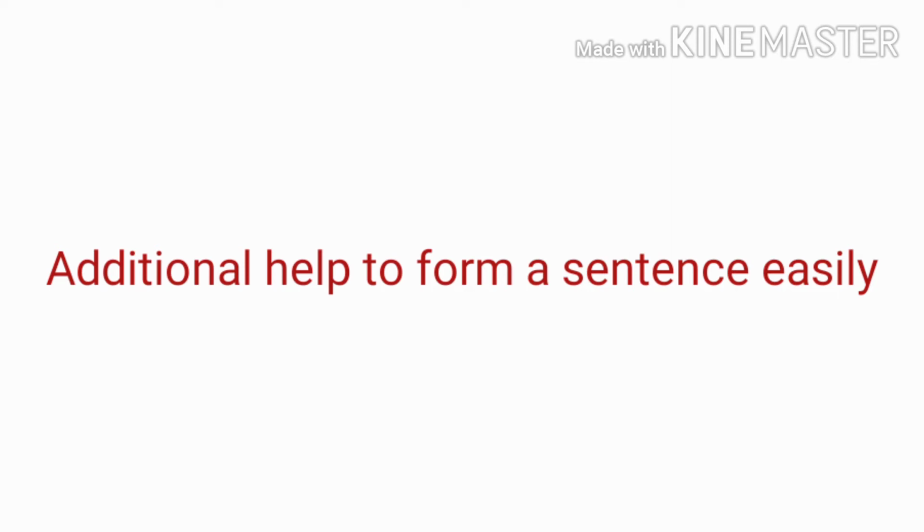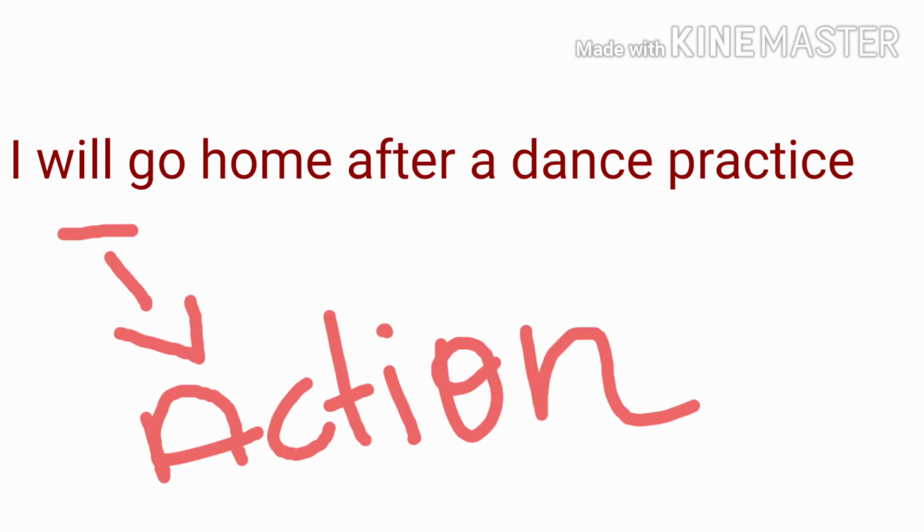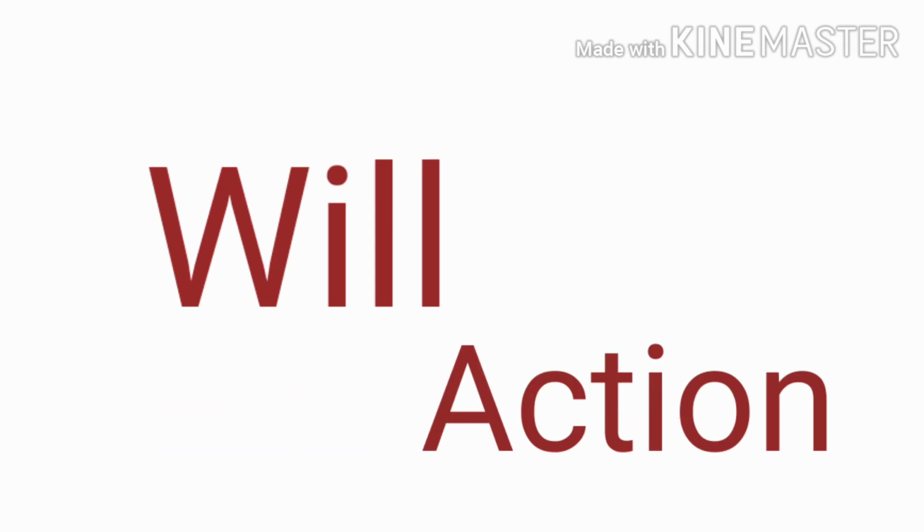Let me give you an example. I will go home after my dance practice. Here the auxiliary verb will is telling us the action go will happen in the future, after dance practice.